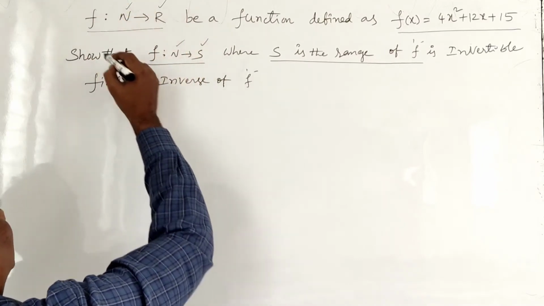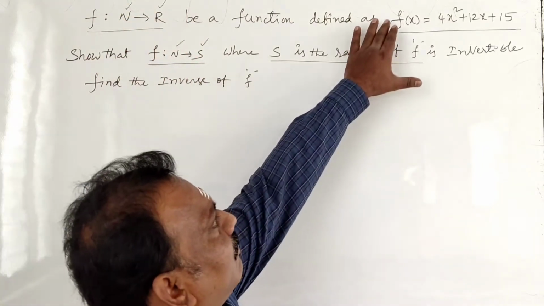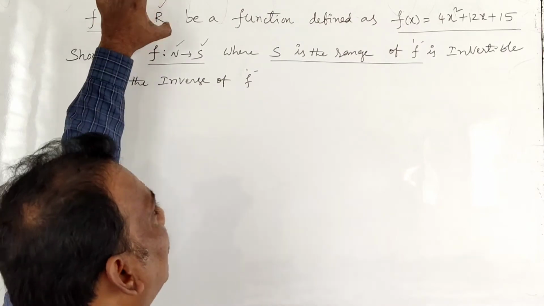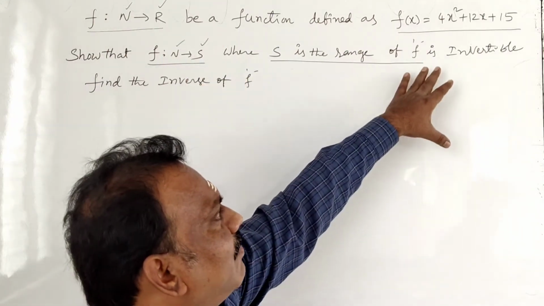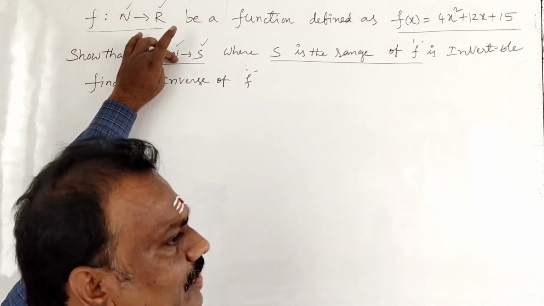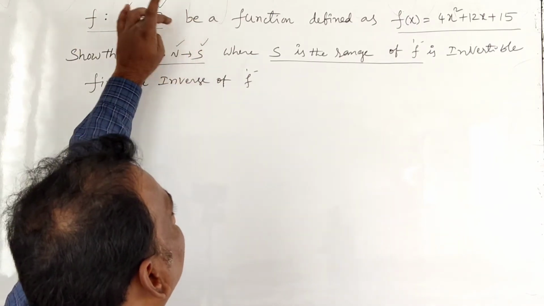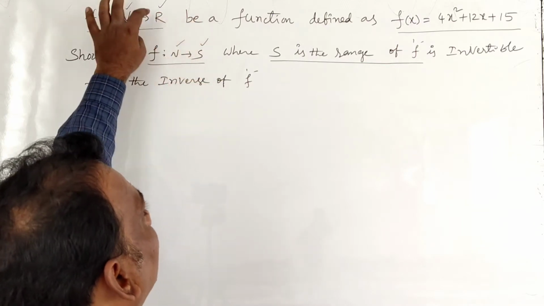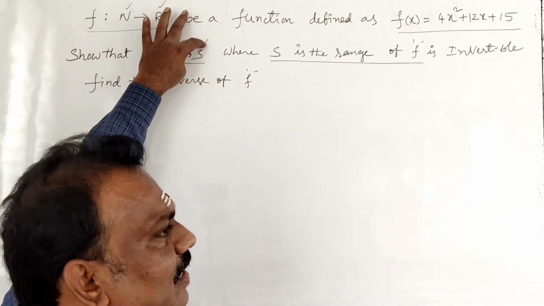So don't confuse that. This function is defined in this domain and codomain, but we are going to prove it as invertible in this domain and range. So domain is the same, no problem in that. Here only the codomain has a little bit of change: codomain is real numbers, here it is irrational numbers.